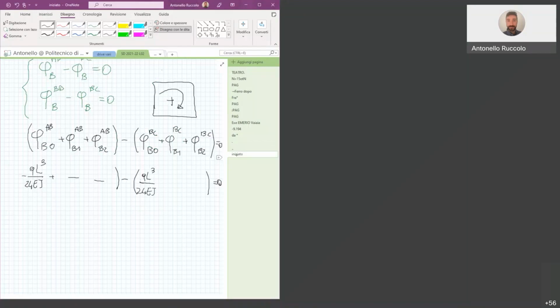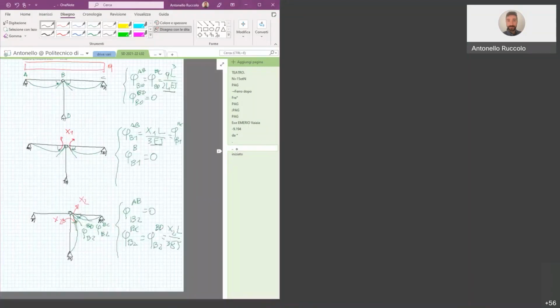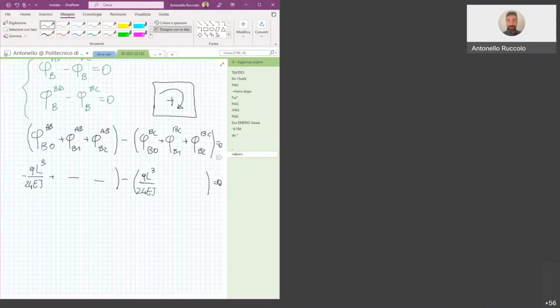The value was q x1 L over 3, so this is no more a minus, but plus, minus x1 L over 3 iota, and here it will be positive, x1 L over 3 iota.